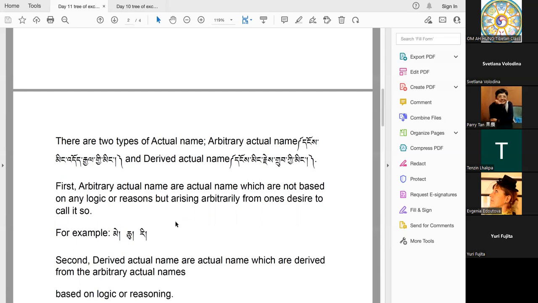So these are names which don't have any logical basis. These are names arising arbitrarily by one's own desire to call it in such a way. There is no reasoning behind that. So they are called Dugel, where Duba means wanting or desiring, and Gel means being influenced or guided by this desire to name it so.